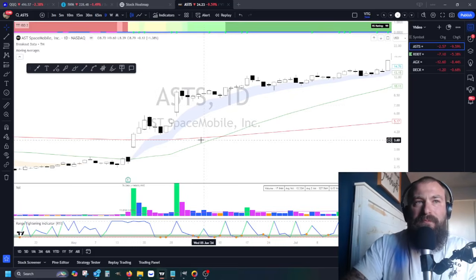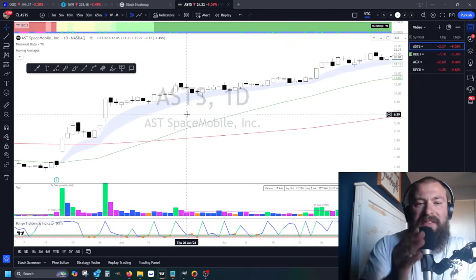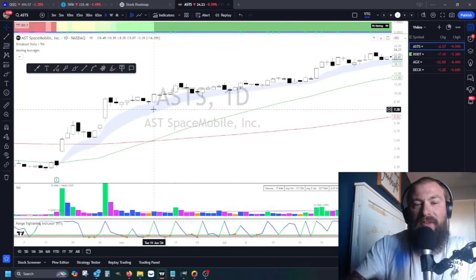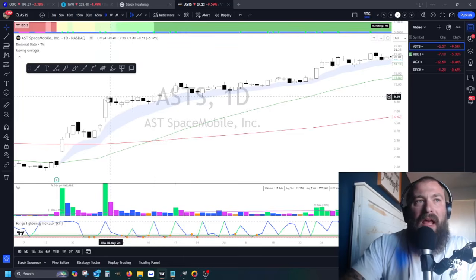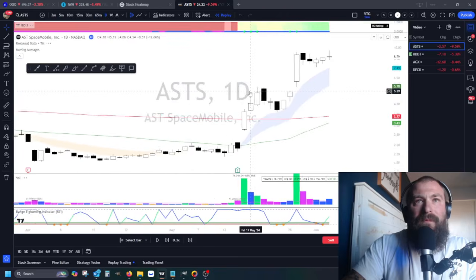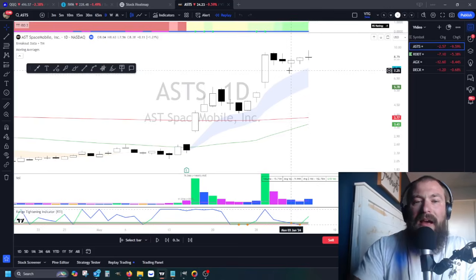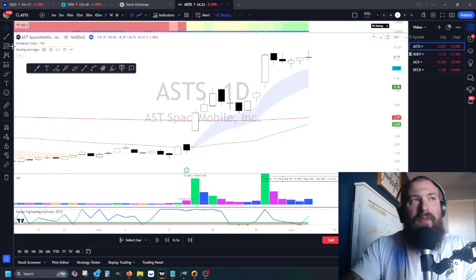So what I want to really portray in this example is that you need to wait a little bit longer. If you got caught in this false breakout, it's because you didn't give it enough time to drift into the moving average.